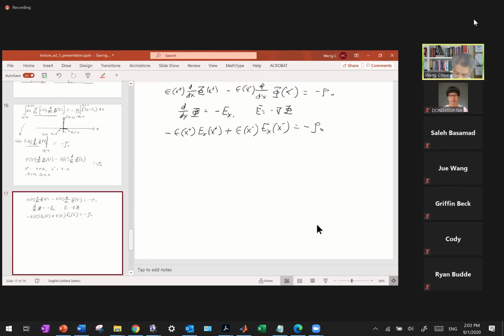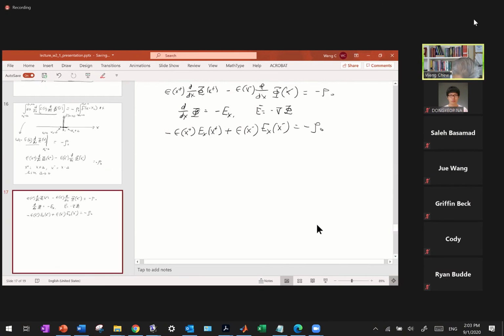So this boundary condition is nothing but the fact that D x plus minus D x minus is equal to rho naught. Okay, this is the usual boundary condition that D x plus minus D x minus is equal to rho naught.